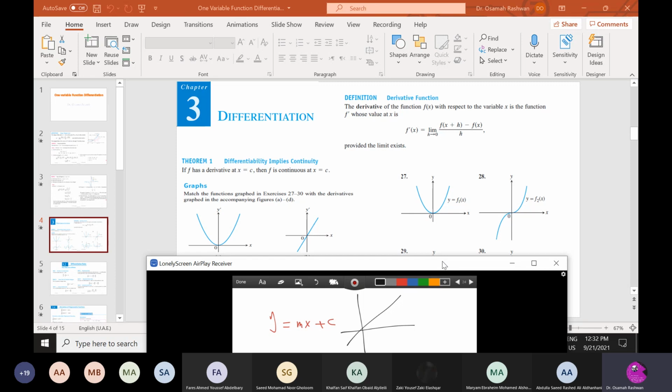When your line passes through the origin, the y-intercept equals 0. So this line is only mx. This one is y dash, right?